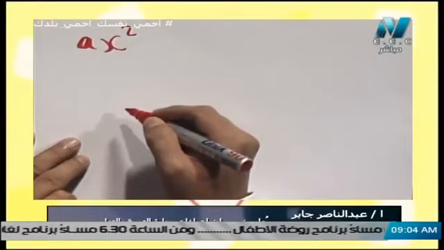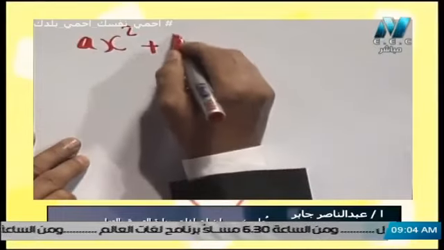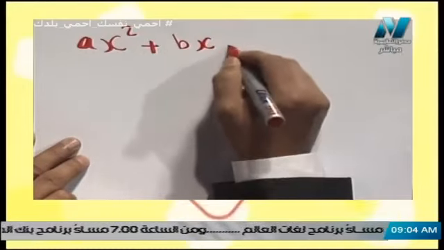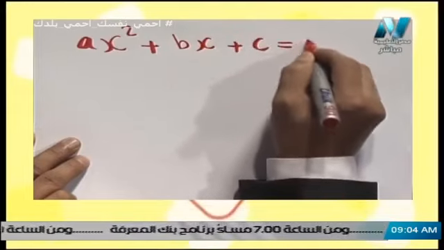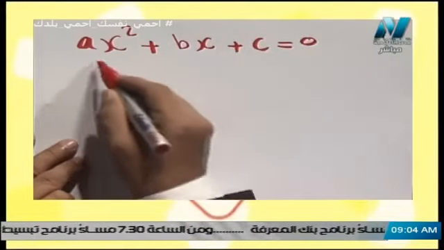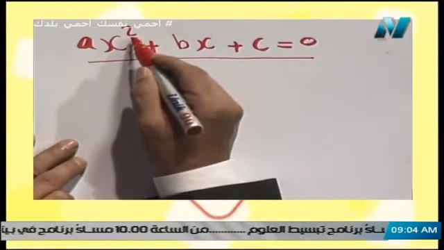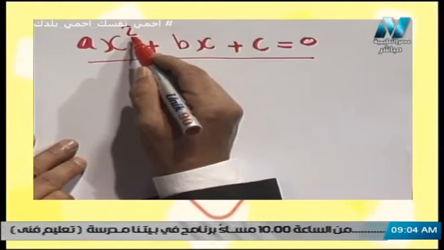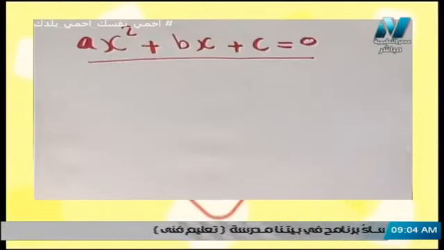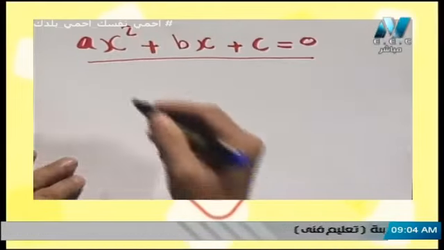If we have an equation of second degree in one variable x, as we see here, ax power 2 plus bx plus c equals 0, it's an equation of second degree because the biggest degree here is 2. So it is a second degree equation, and we also call it a quadratic equation.